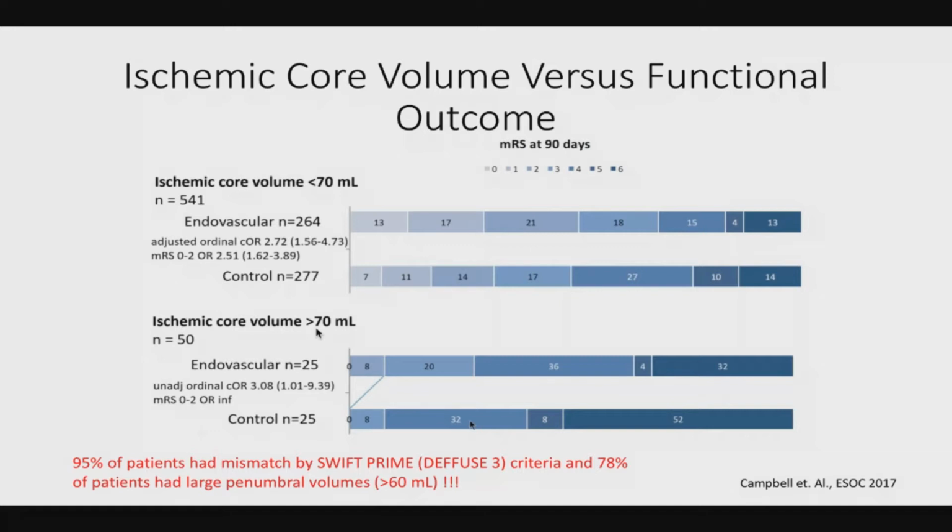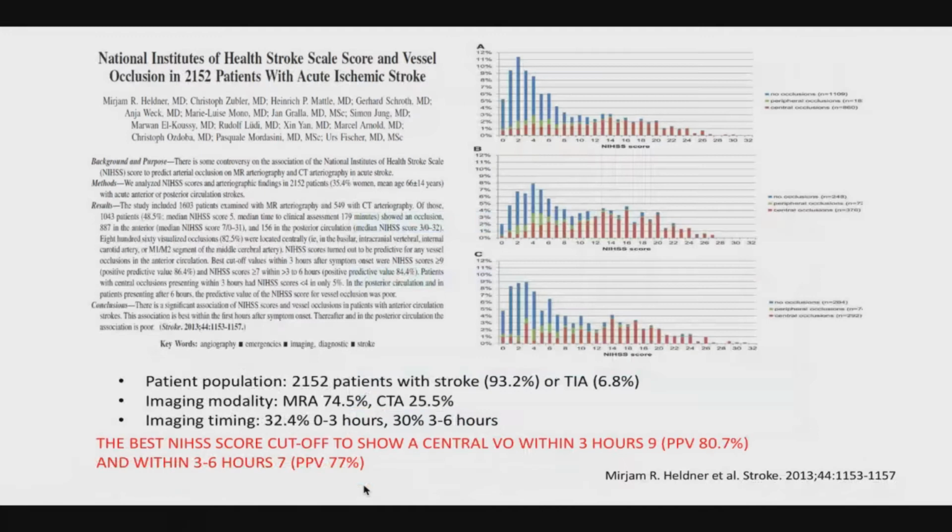They found that 95% of patients had a mismatch by the SWIFT PRIME criteria, and 78% of patients had large penumbral volumes. So 78% already have a large area of mismatch without even having to do CT perfusion or MR perfusion.